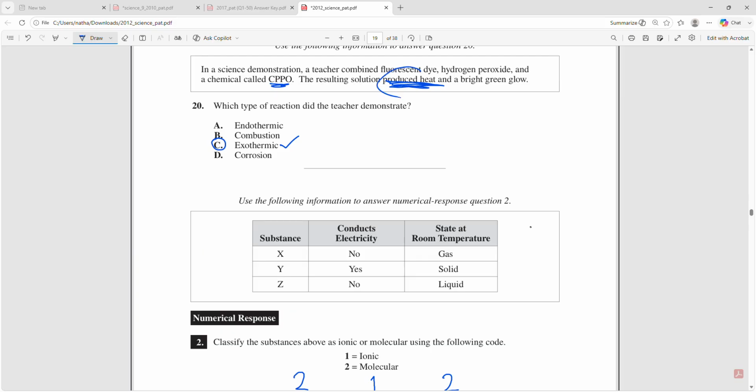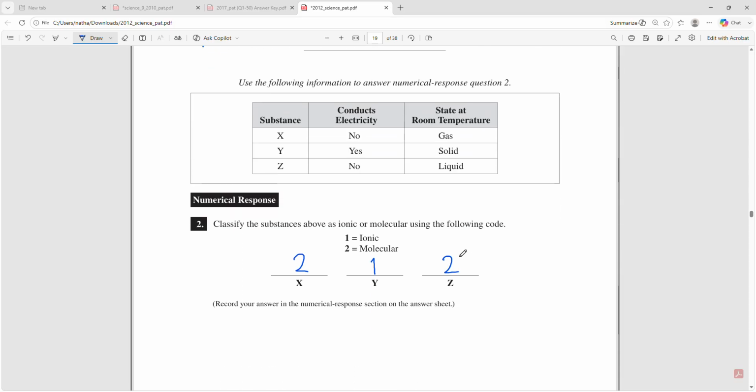Well, when we produce heat and if something feels hot, we know it's exothermic. So it's definitely not endothermic. Didn't say anything about anything burning, so combustion is not correct. Corrosion, that's rusting, and that's also a very slow reaction and doesn't sound like this reaction at all. So definitely exothermic.